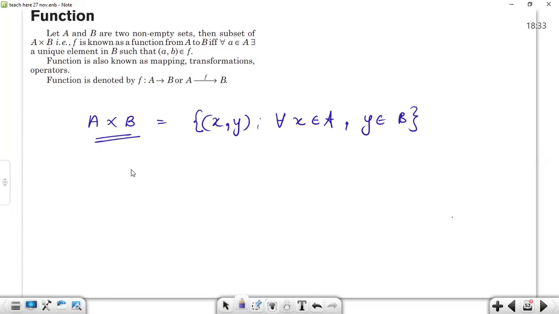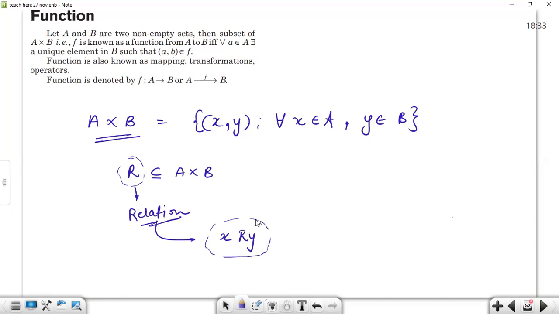Now we took a certain subset of this Cartesian product, and that was our relation. In this relation there was a pattern, a reasoning behind how x was related to y. Now we are assessing this relation between two variables, and if it is happening in a certain way, we may announce the given relation as a function.